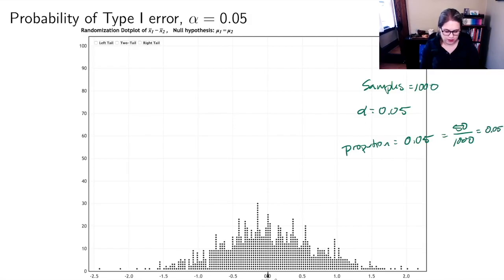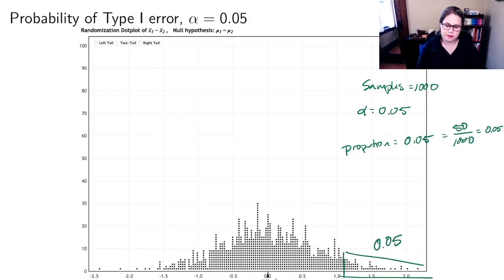So we could kind of count, and this might be kind of tedious, but we could count into about 50. 1, 2, 3, 4, 5. Okay, so it's right about here. So this area would be about 0.05.